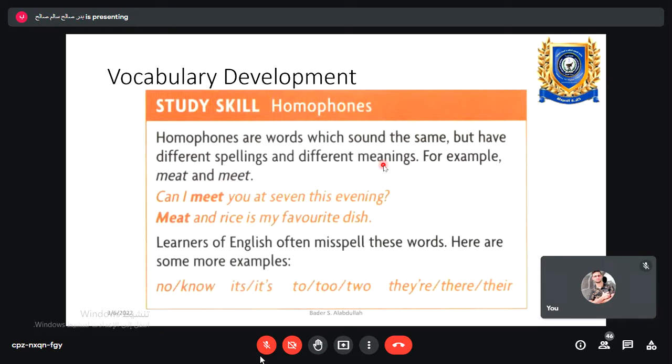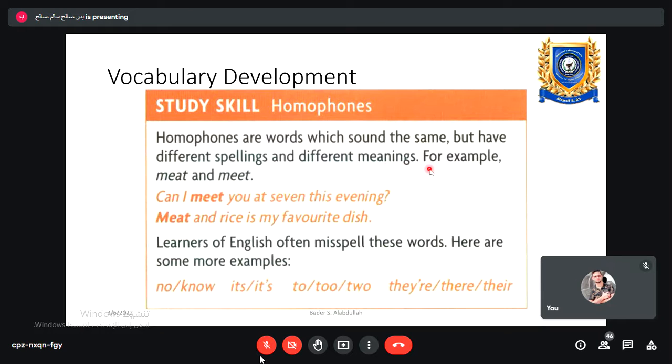So this is the definition of the word homophones. As we are talking about definitions, what is the definition of homophones? Homophones are words which sound the same but have different spellings and different meanings.